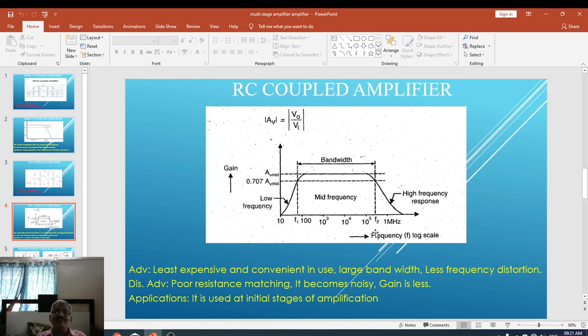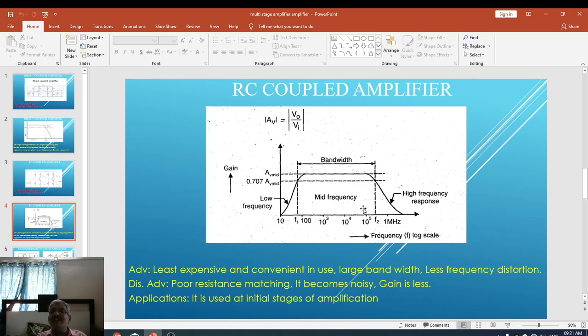If we subtract the lower cutoff frequency from the upper cutoff frequency, that is f2 minus f1, the frequency between f1 and f2 is nothing but f2 minus f1.